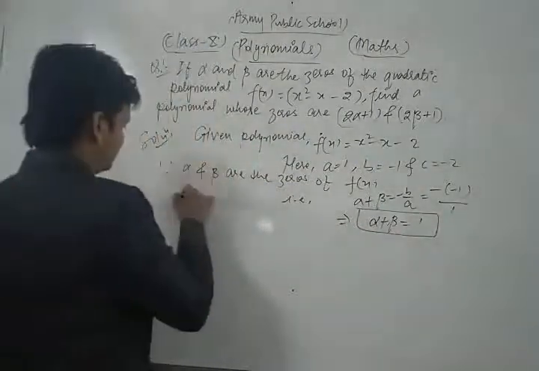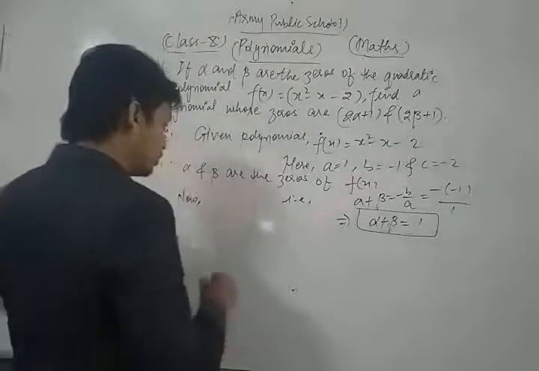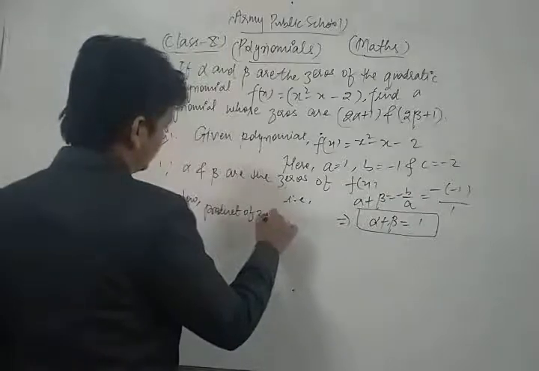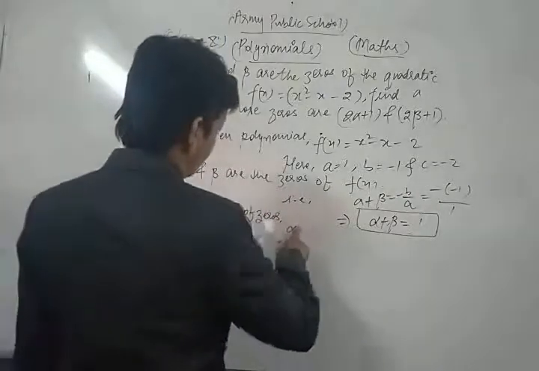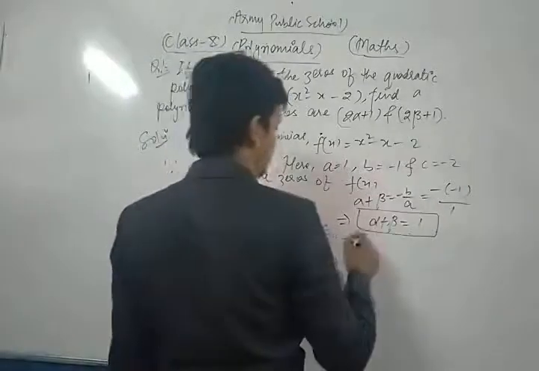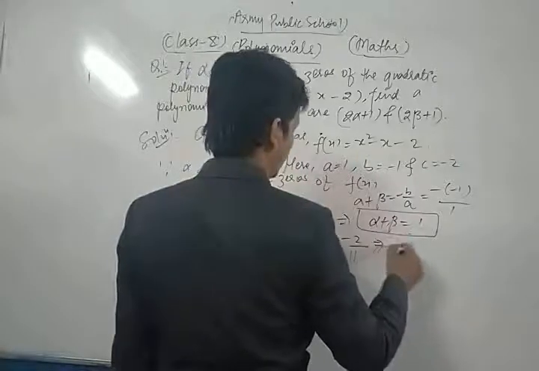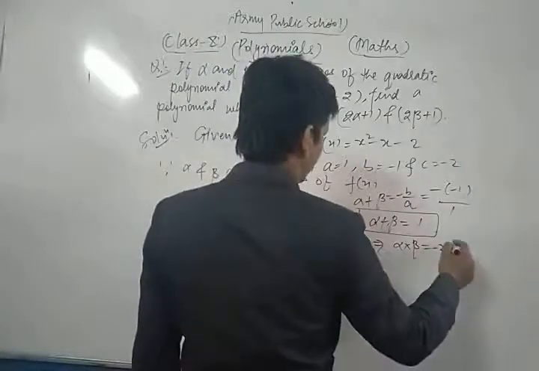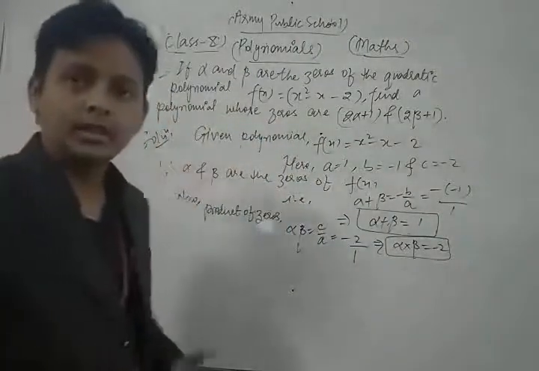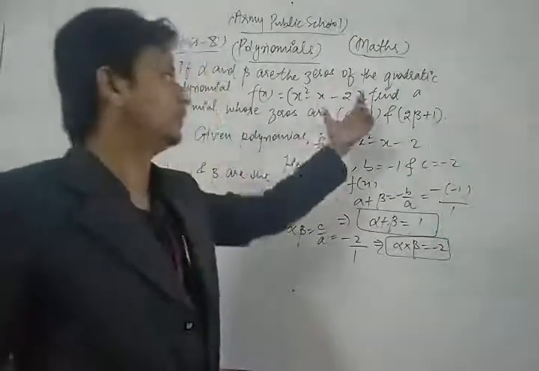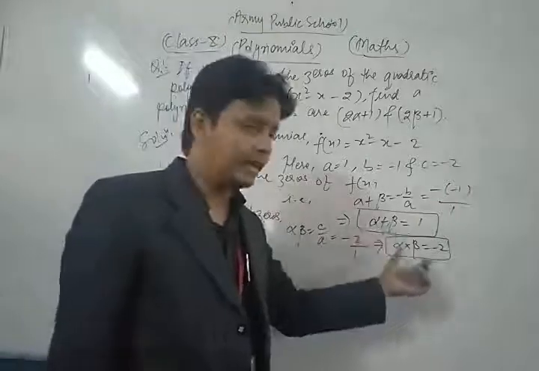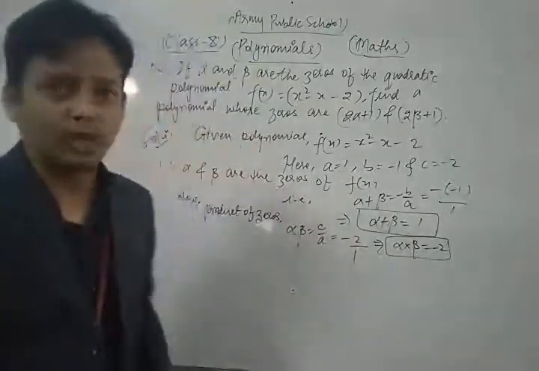Now the product of zeros, alpha into beta, is c upon a, that is minus 2 upon 1, so the product of zeros is minus 2. In this way, dear students, with the help of the given polynomial, we find the sum of zeros and the product of zeros.